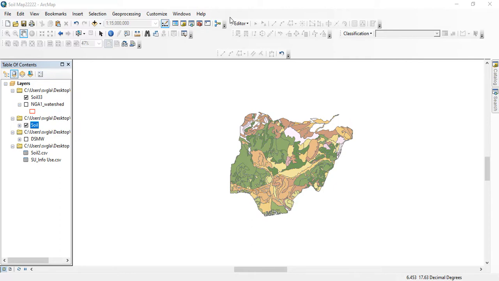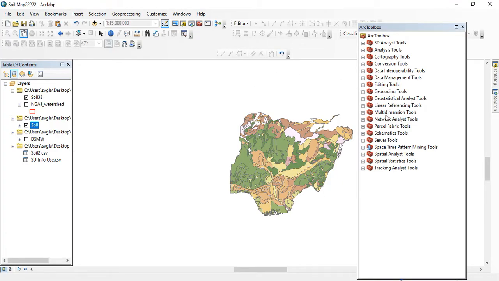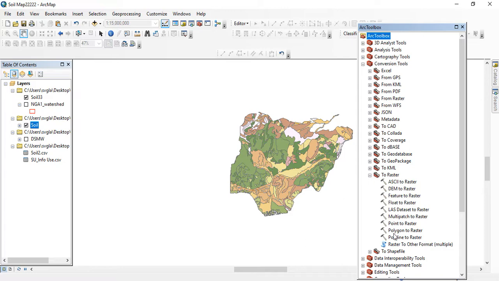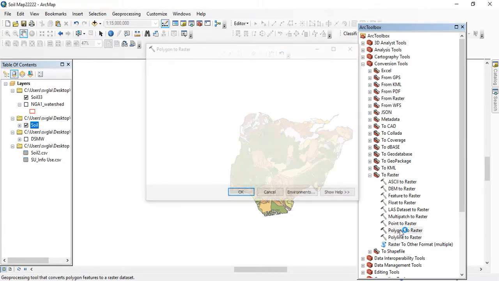Now that we have done the estimation, you go to your ArcToolbox, and go to your conversion tools, to raster, then polygon to raster.